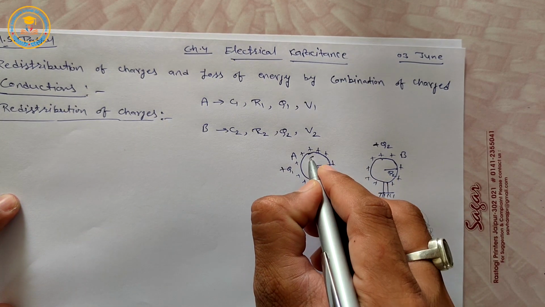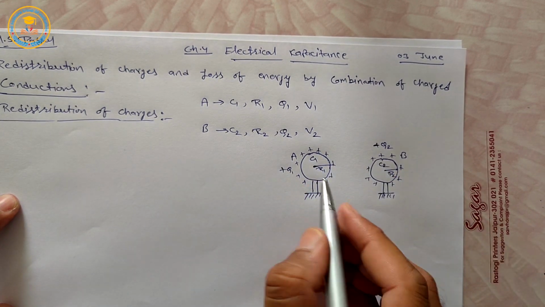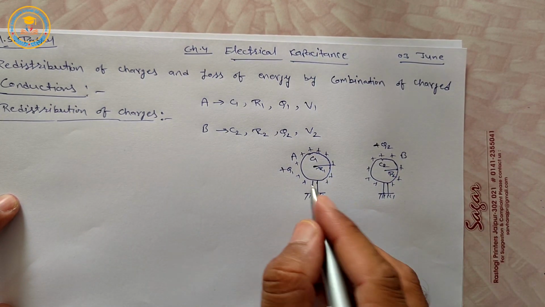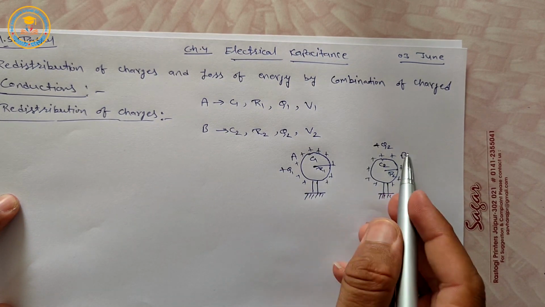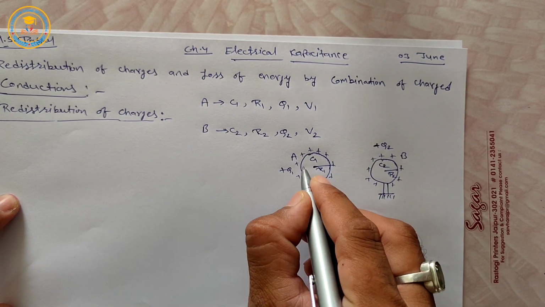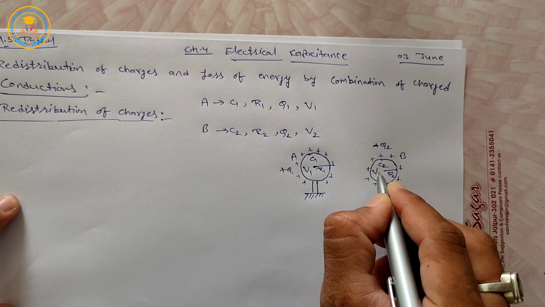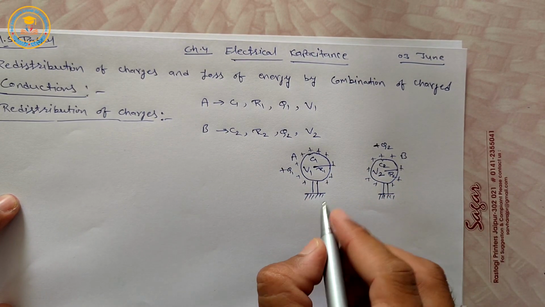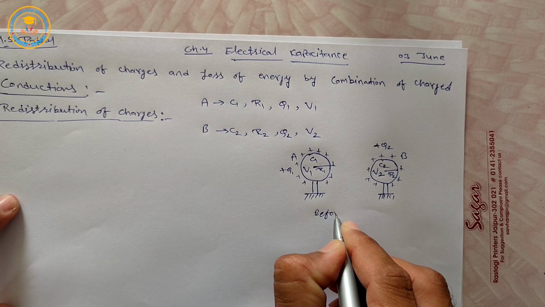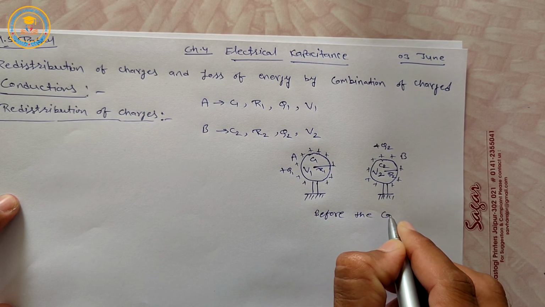Capacitance of these conductors is C1 and C2 respectively, and due to this charge the electric potential is V1 and V2. This situation is before the connection.